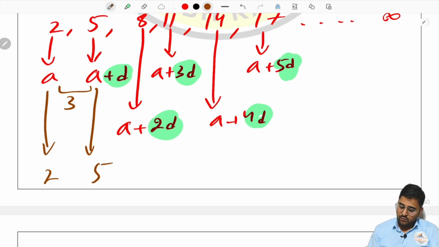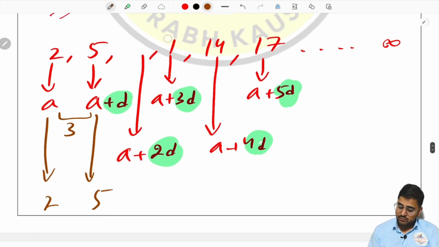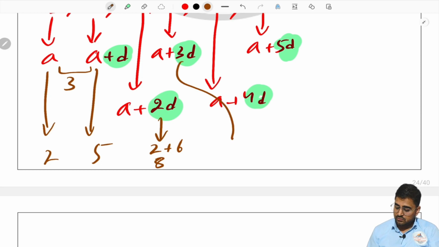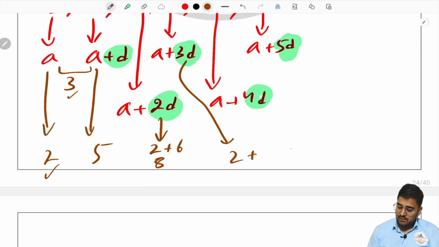Now we have to calculate the next term. For the third term, a is 2 and the difference is 3. 3 multiplied by 2 is 6, so it is 8. Now let us talk about a plus 3D. a is 2 and the difference is 3.